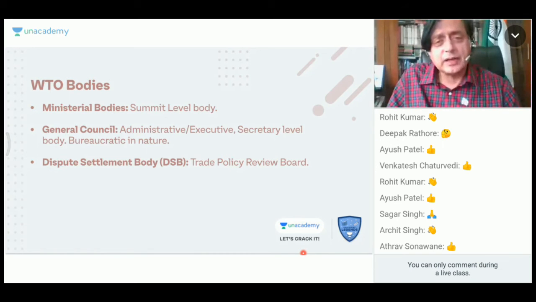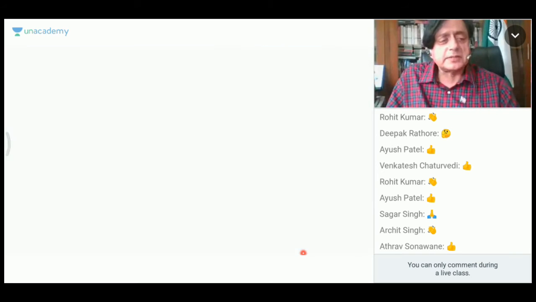They have a number of mechanisms for adjudicating disputes. There is a dispute settlement body, and a Trade Policy Review Board, and the bureaucracy within the WTO is fairly representative of the diverse members.